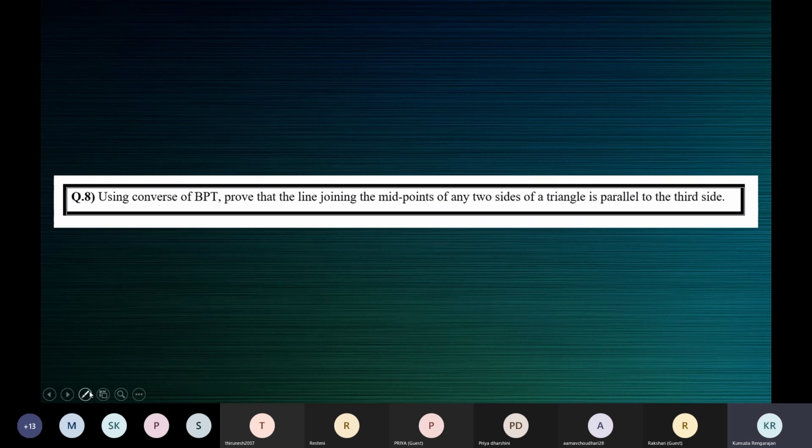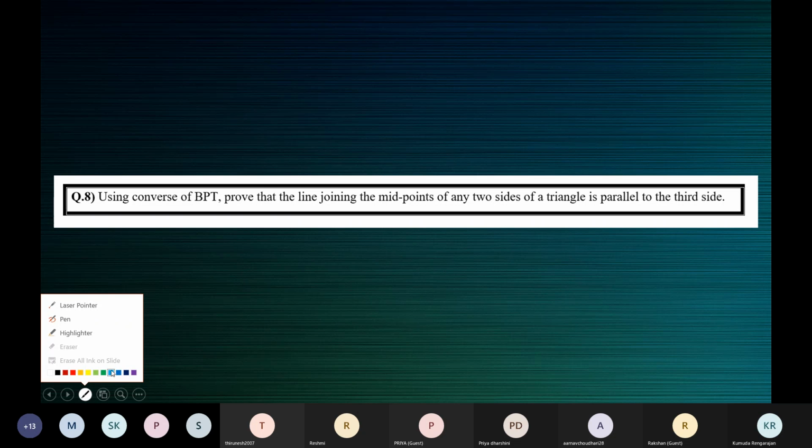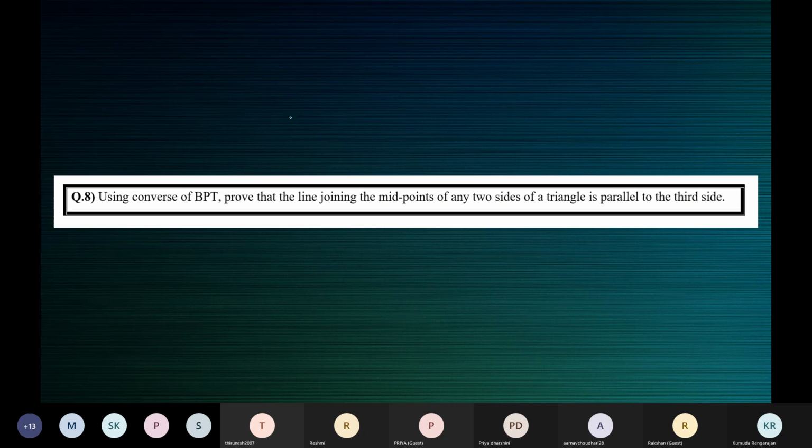So what it means is, you have a triangle. Now supposing you know that this is the midpoint of this side, and it's given that this is the midpoint of this side.